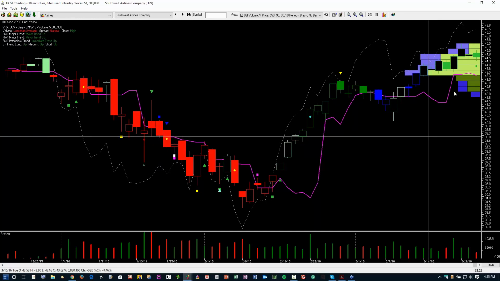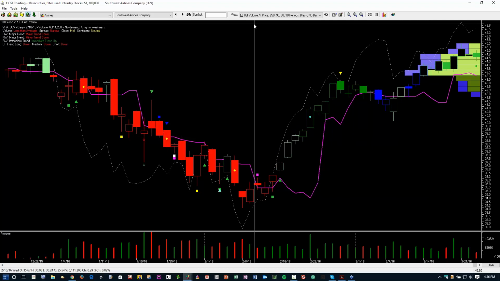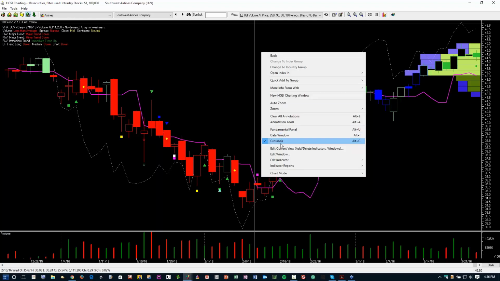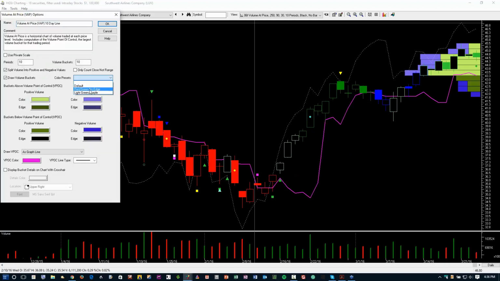So the size and position of the buckets is going to be the same, but which bucket gets credit for each day's volume narrows down when you use just the close. And so you end up with a much more spot-ish version of the volume lines. They're both valid ways of looking at the data. You just have to decide which one's going to work well for you.